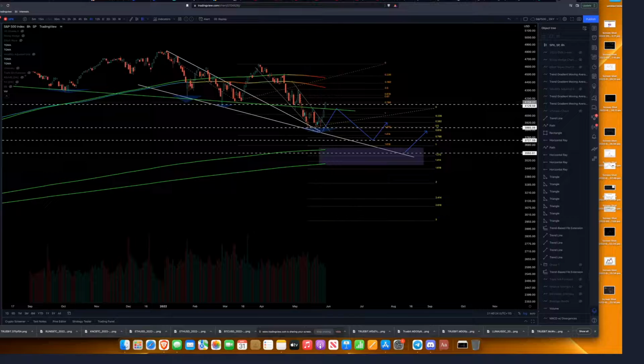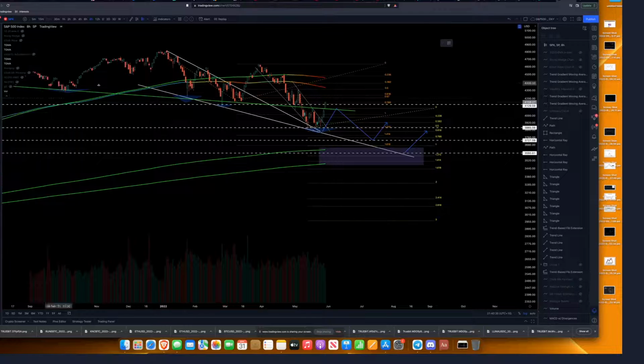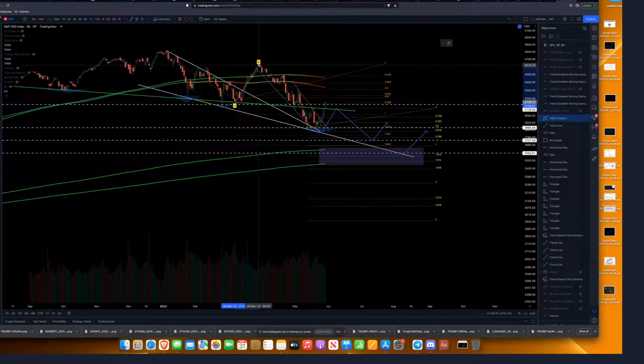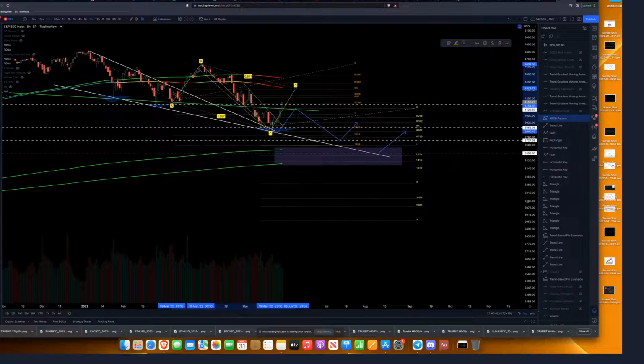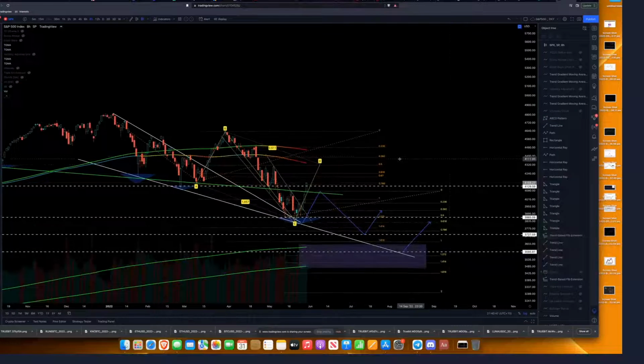We have an ABC. This one here, where is it? A, B, C, D. So we have A, B, C, and 618. So we might just do that target. We might just play that out.